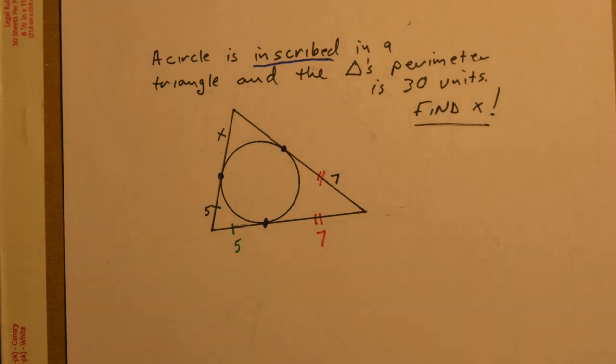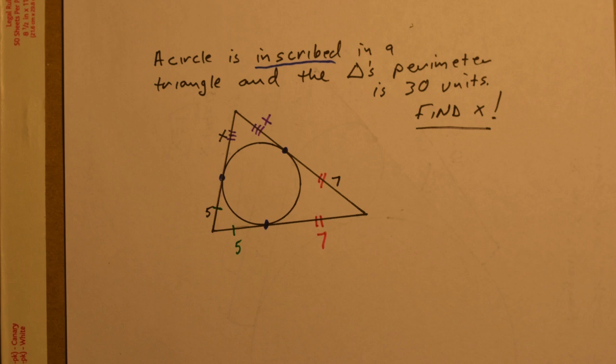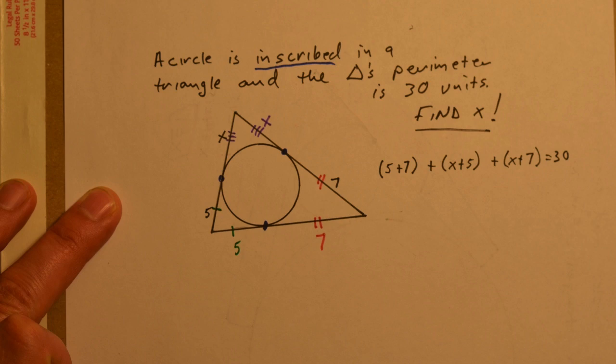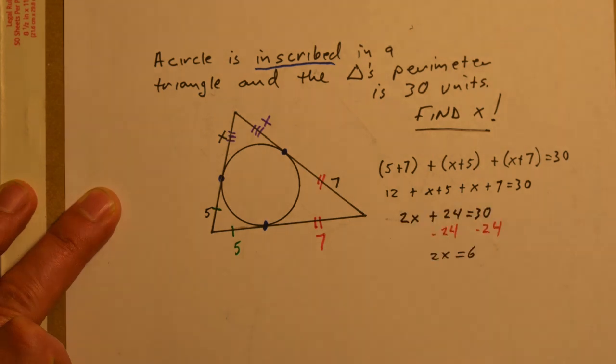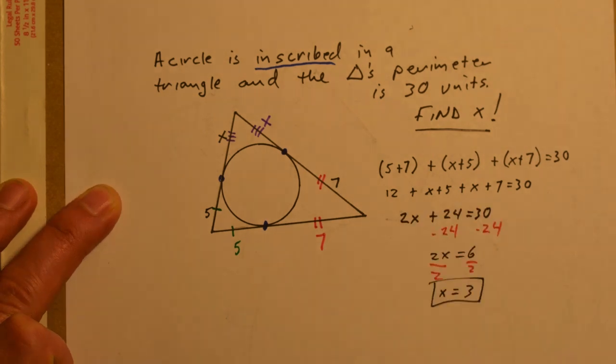Likewise, those two lengths would be 5. And the unknowns up top are both x. Given the fact that the perimeter is 30, I can add up all three sides. 5 plus 7 is the bottom, x plus 5 is on the left, and x plus 7 make 30. And then all that's left to do is to solve in the usual way. We get that x is 3.